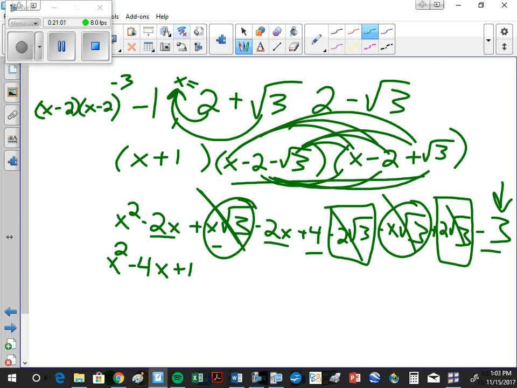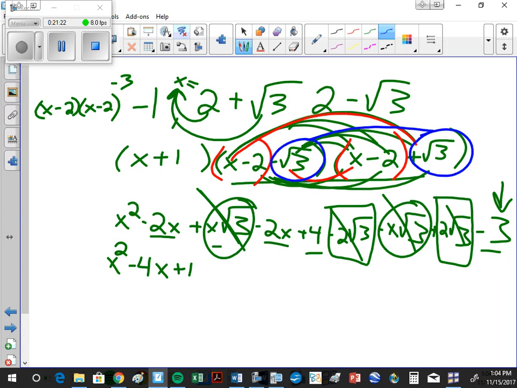We don't need to do this multiplication because we're guaranteed that it's going to cancel. So all you really need to do is the x minus 2 times the x minus 2 and this one times this one.